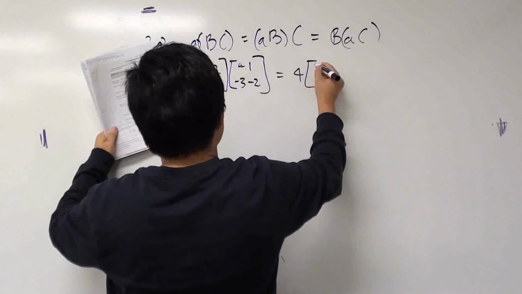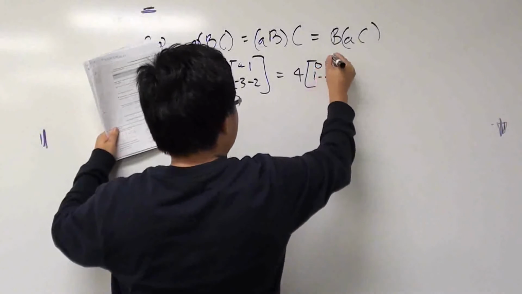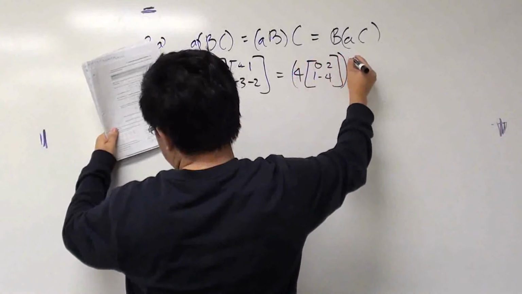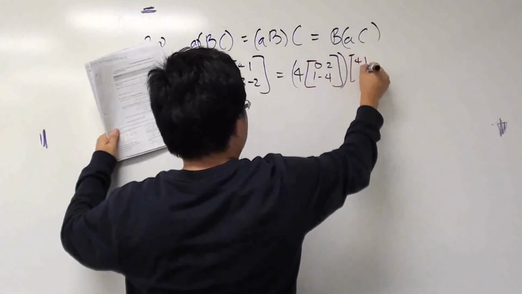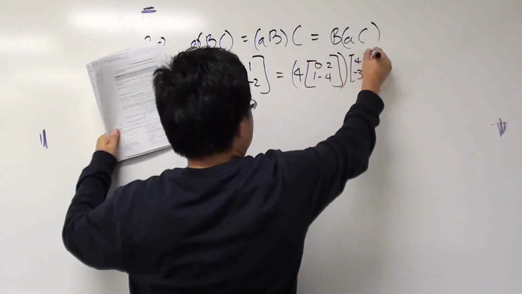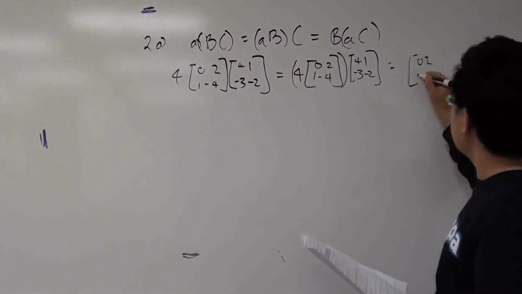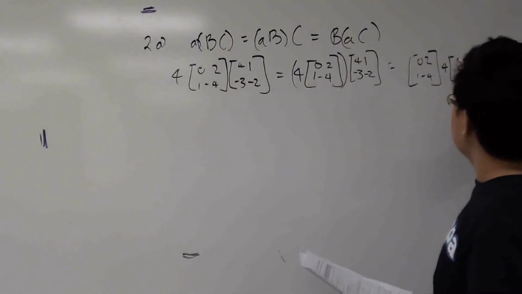Let's see, that's 0, 2, 1, -4. I don't think this really matters at this point, but whatever. C is going to be the same thing as 2, 1, -4, and then A is going to be 4, C, 4, 1.